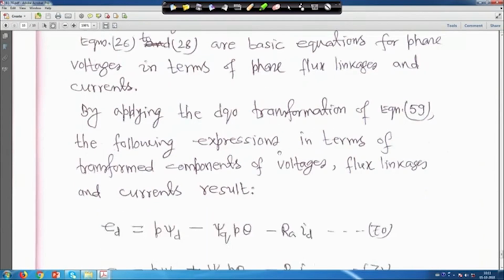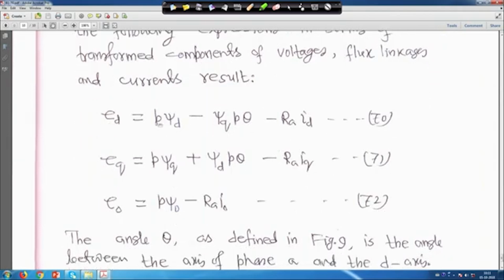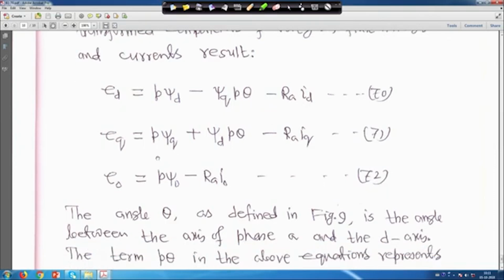If you do so, you will get Ed equal to P psi d minus psi q P theta minus RA ID. I will explain the meaning of P psi d and psi q P theta a little later. This is equation 70. Similarly, EQ is equal to P psi q plus psi d P theta minus RA IQ.